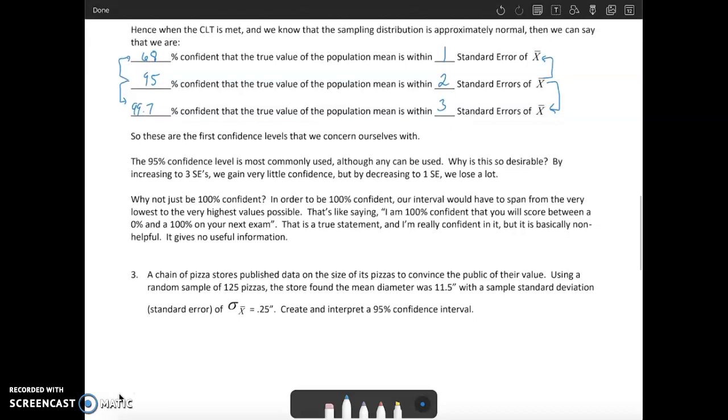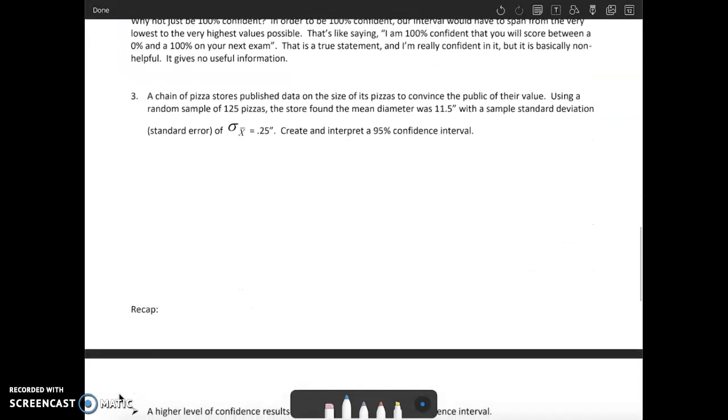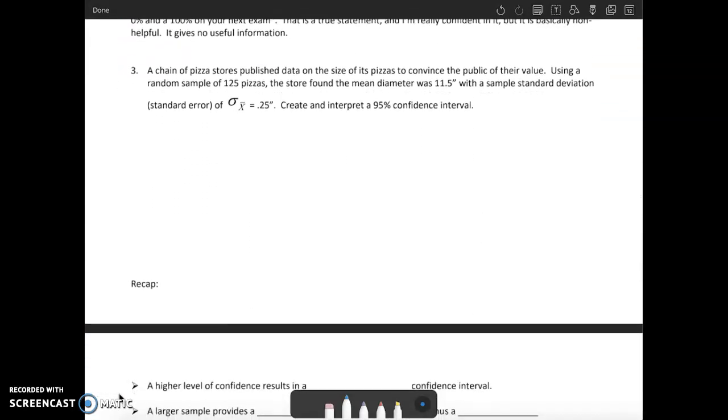Okay, so let's look at something like this. A chain of pizza stores published data on the size of its pizzas in order to convince the public of their value. Using a random sample of 125 pizzas, the store found that the mean diameter was 11.5 inches with a sample standard deviation, or a standard error, of 0.25 inches.